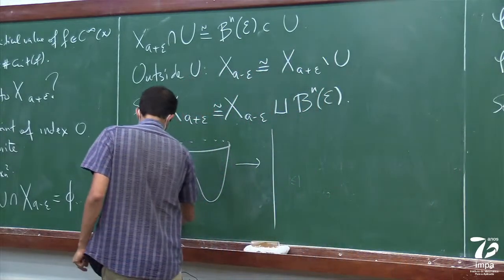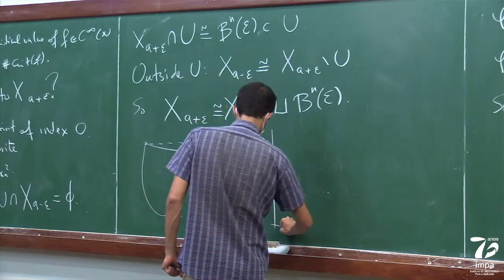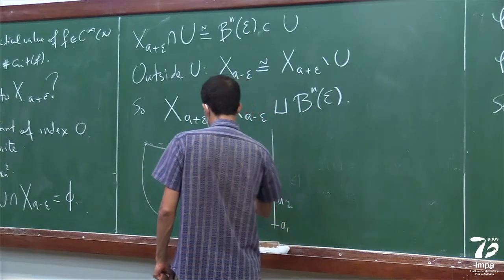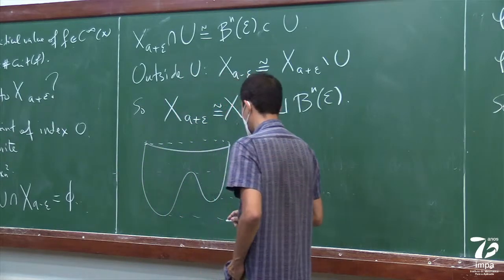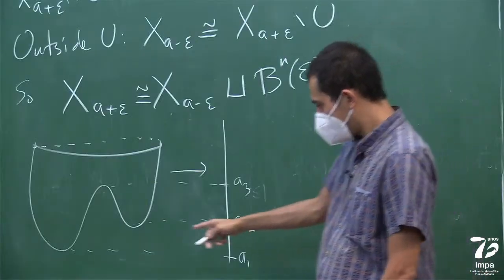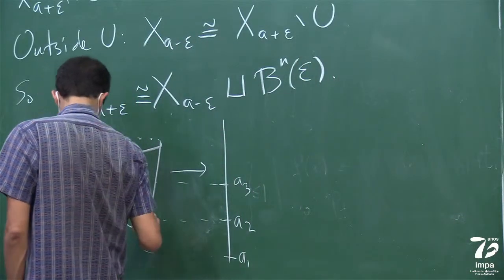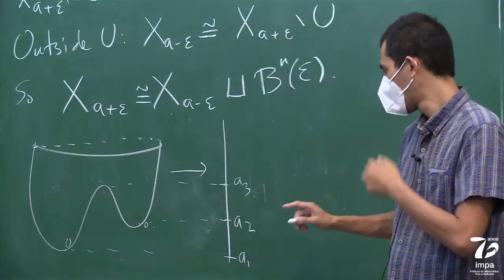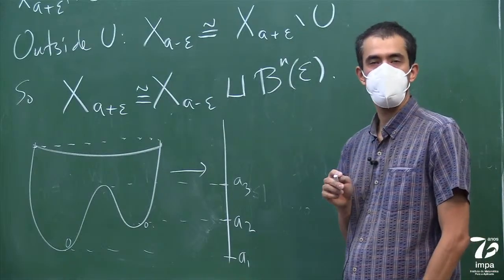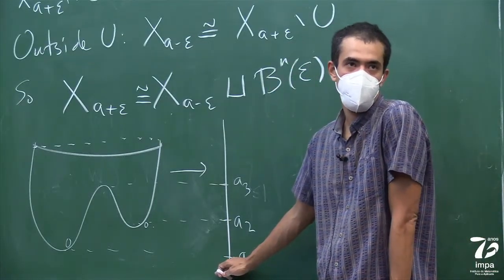I have this critical value here, and this critical value here, A1 and A2. And I have this critical value here, but I'm not going to talk about it yet because it's not index 0. Anyway, these two are local minima, so they're both index 0. So let's see what happens when you cross A1 and A2. When you're below A1, then you have nothing. You have just the empty set.